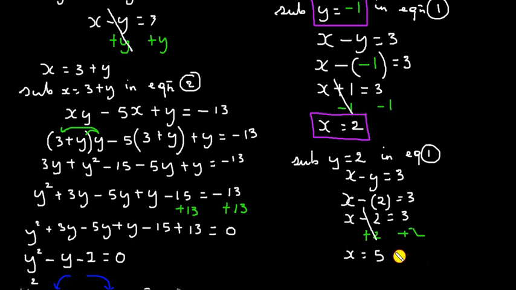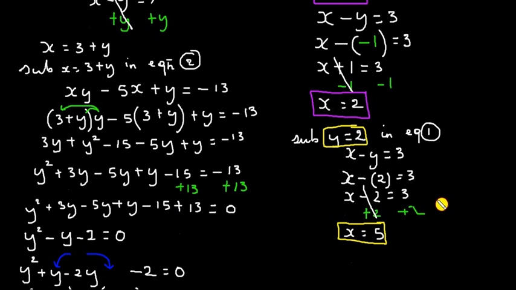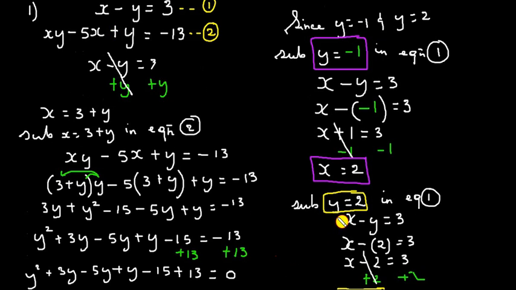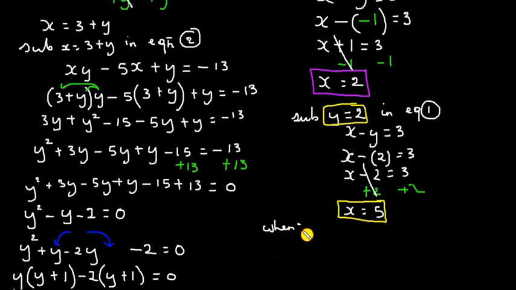So, what does this mean? When y is equal to 2, x is equal to 5. So let us close the question off. How do we close the question off? Simple. When y is equal to -1, x is equal to 2.